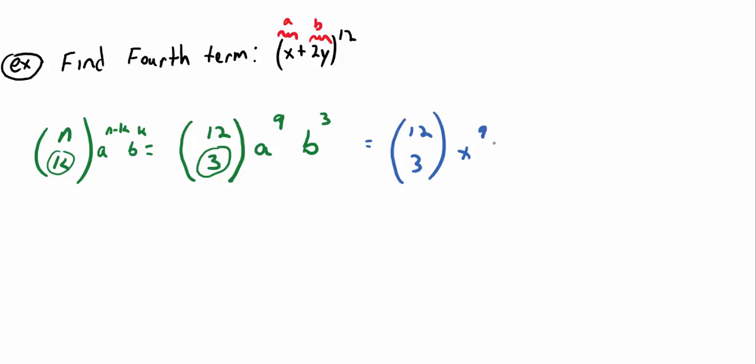X to the 9th, and then 2y. Now, the whole thing cubed, right? Would you guys buy that? Everybody okay with that? So what do you have to do when you're cubing the product 2 times y? You have to cube both the 2 and the y. So what does that give you?